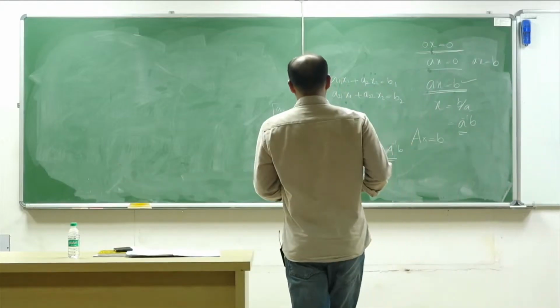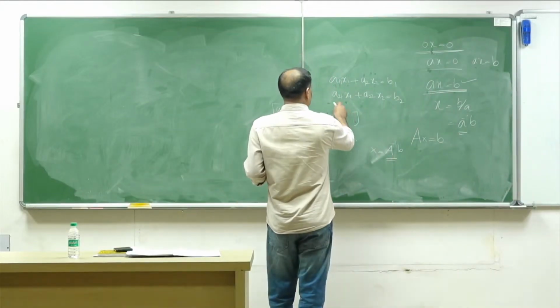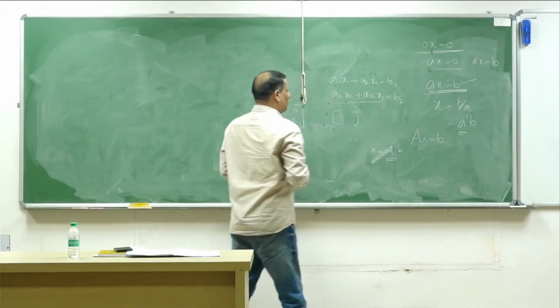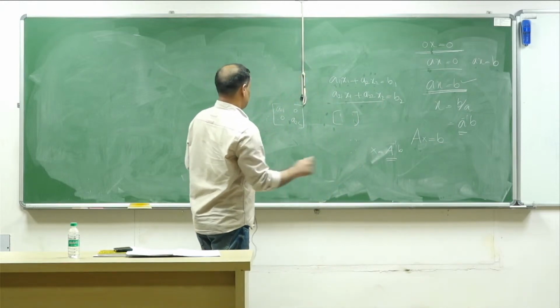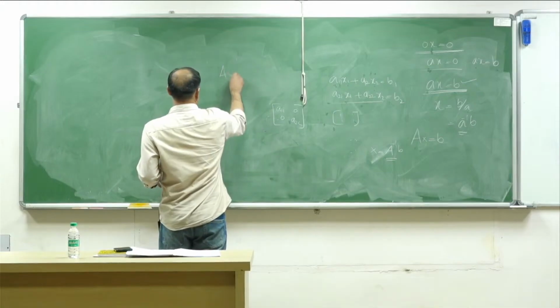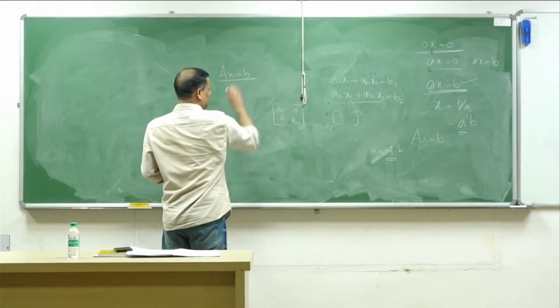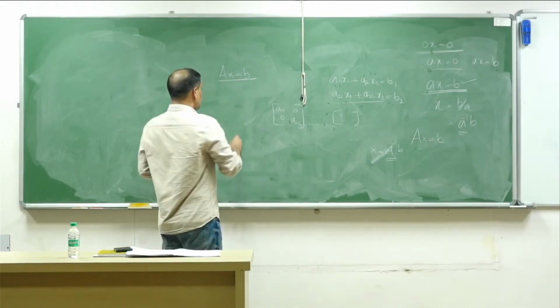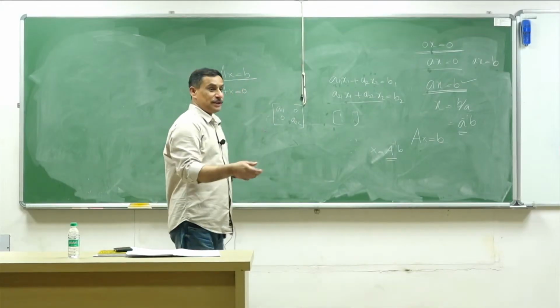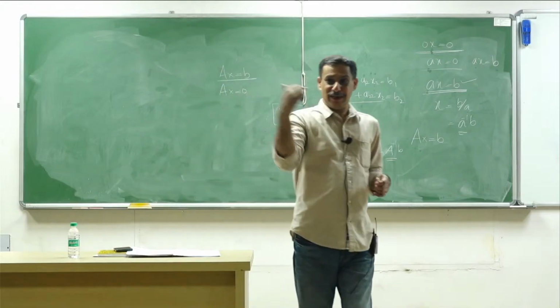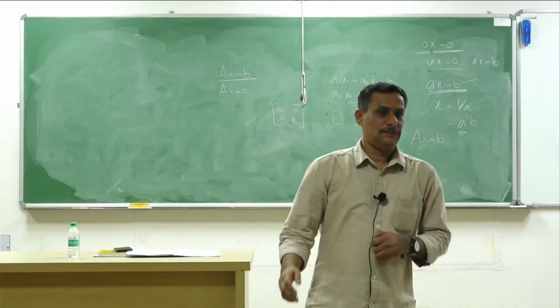Okay, so now, suppose Ax equals b is our general case. Ax equals 0 is the homogeneous system corresponding to the non-homogeneous one, right?